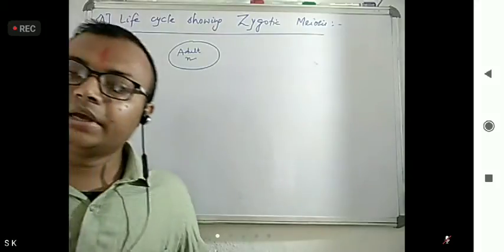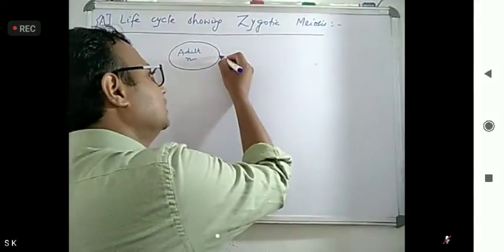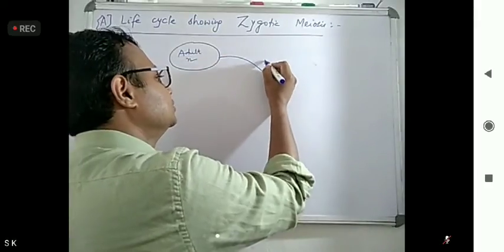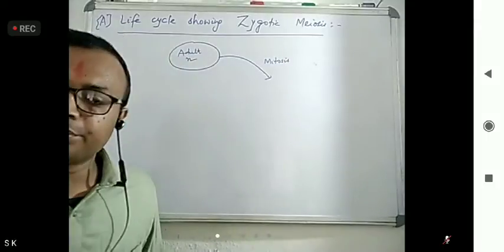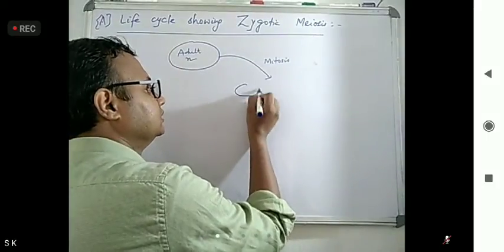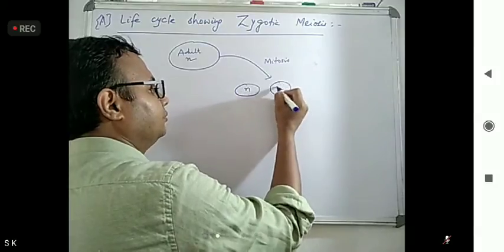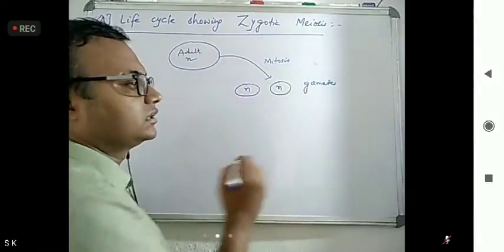Here mitosis occurs, and two haploid gametes are formed, male as well as female.